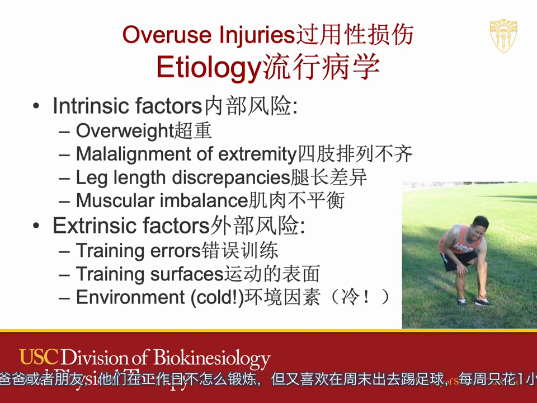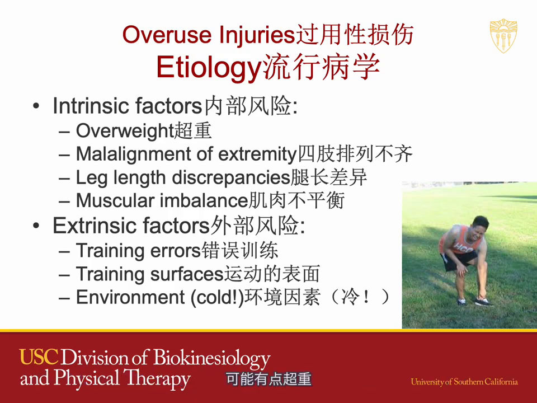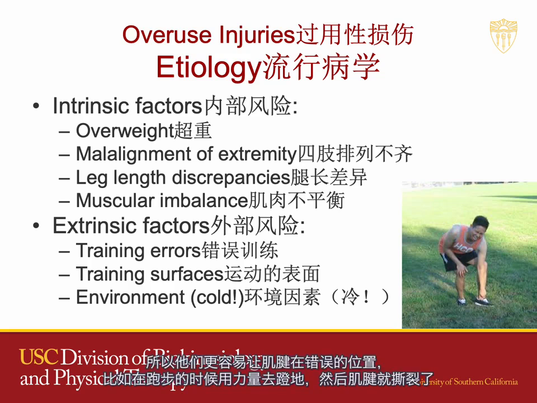So this is going to be your dad or one of your best friends who during the week doesn't really exercise, but loves to go out on the weekend and play football, play soccer maybe, and spends that 1 hour a week doing some sort of exercise. So maybe they're a little bit overweight. They don't really have good body mechanics because they're not exercising very much. And so it's much easier for them to put the tendon in the wrong position, try to push off, use power when they're running, and then tear the tendon.